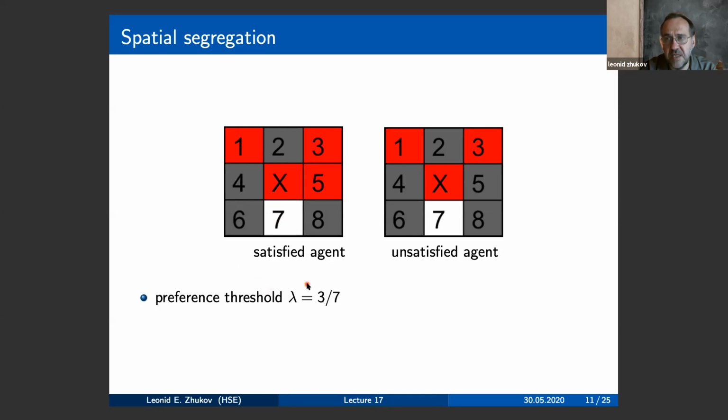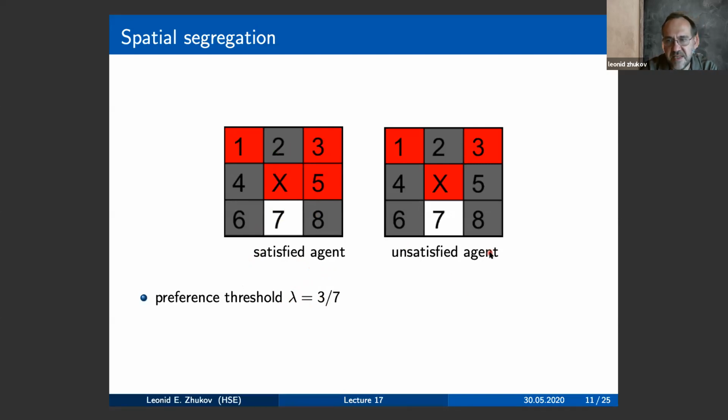Out of 8 neighbors, there is one empty spot, so there are 7 possible neighbors. For this agent, 3/7 is the preference threshold. So when there are 3/7 of his own people around him, he's happy and is not moving.